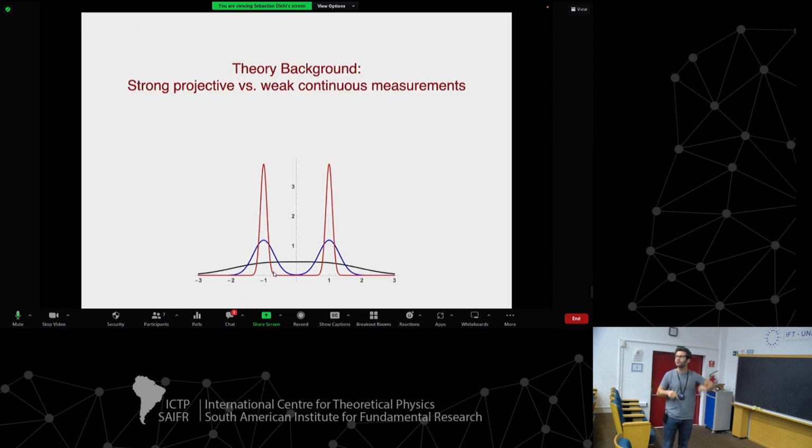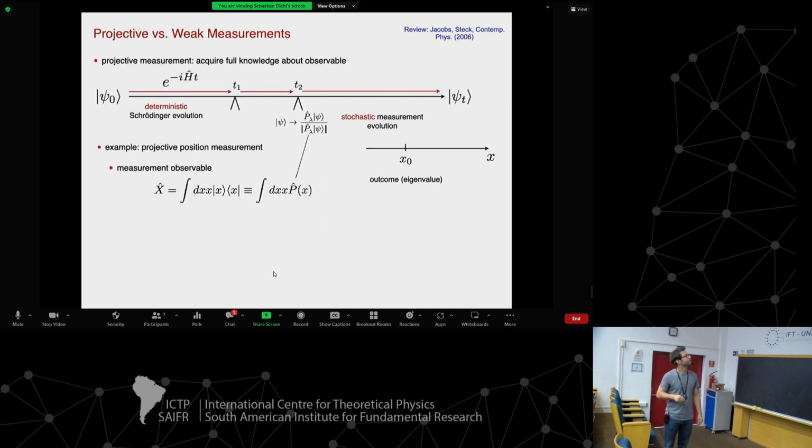But let's go first with a little bit of theory background. Let's discuss strong projective versus what is known as weak continuous measurements. Here is where we start. I remind you of these projective measurements. One nice example of a projective measurement is, say, you want to measure the position of a quantum particle on a line.